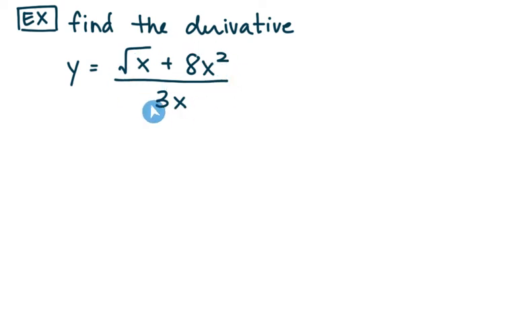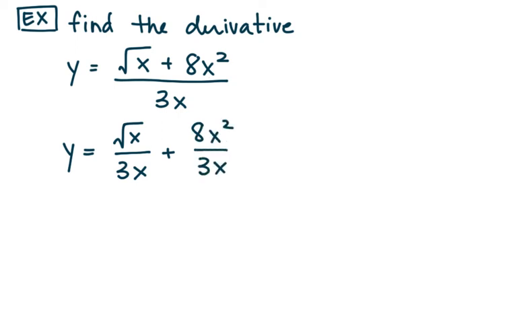Now, this does not look like a polynomial, but if we use a few of our algebra skills, since I have two terms divided by 1, I can write each of those terms, which occur in the numerator, square root of x over 3x plus 8x squared over 3x. Now, each of these can be simplified, keeping in mind this is the same as y equals x to the 1/2 over 3x.